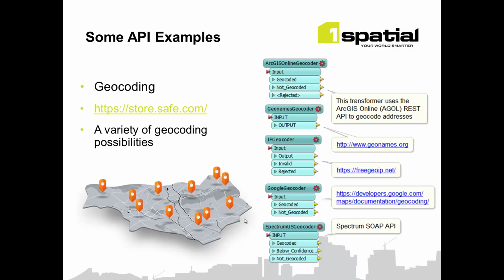The Google Geocoder and the Spectrum US Geocoder, again the same capabilities, different data coming back, different environment and capabilities, but all accessible via a FME store transformer. So let's have a look at what that can actually do for us.